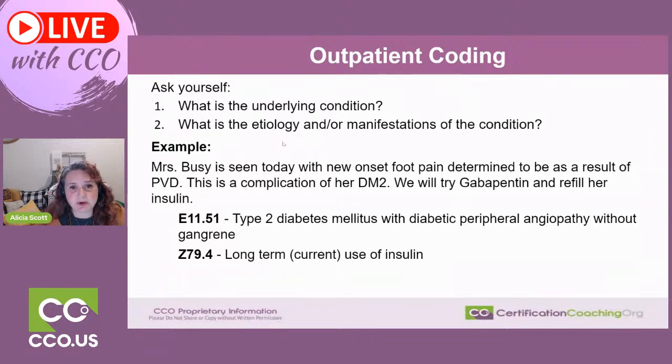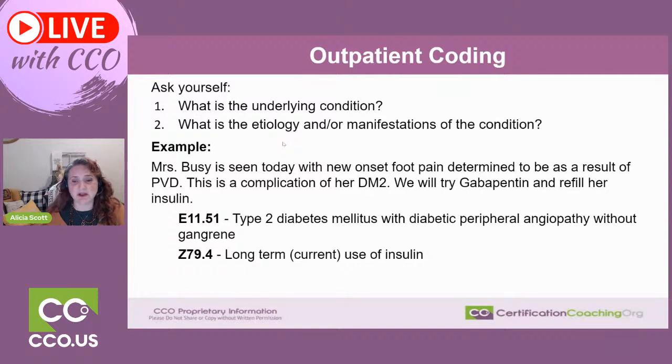So they are going to put her on gabapentin and they're going to refill her insulin. That tells us that we would have had 3 diagnoses if PVD didn't have that relationship with diabetes. So we get to use a combination code. We're able to code E11.51, type 2 diabetes with diabetic peripheral angiopathy, which is PVD.